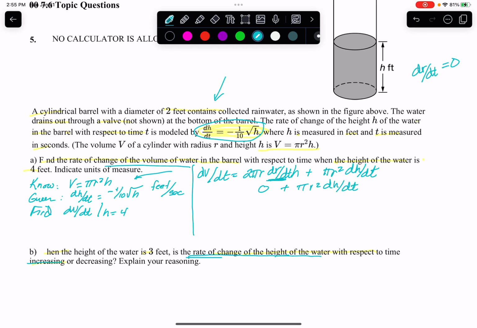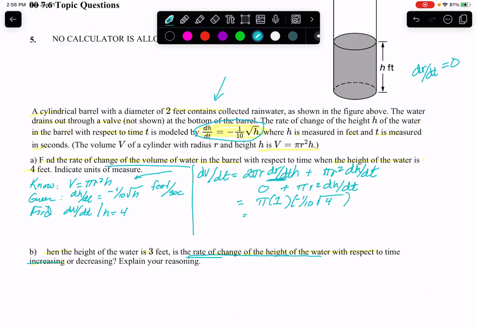So we can just substitute now. It's equal to pi, and the radius is, let's see. Do we know what the radius is? It's 1. And dH/dt is, so that's 1 squared times negative 1/10 the square root of h, which is 4.